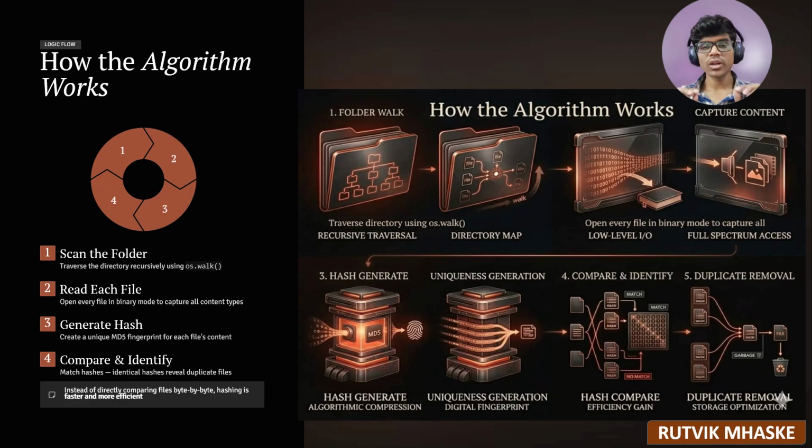Now, how does the algorithm work? Obviously, if we are doing something, we need to understand what actually happens and how it works. So let's understand how the algorithm works step by step.